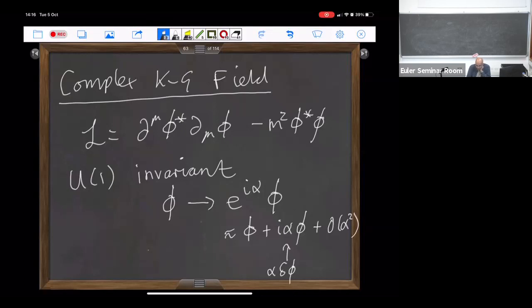And so this is a U1 transformation. It's e to the I alpha, a general element of the group of 1 by 1 unitary matrices.